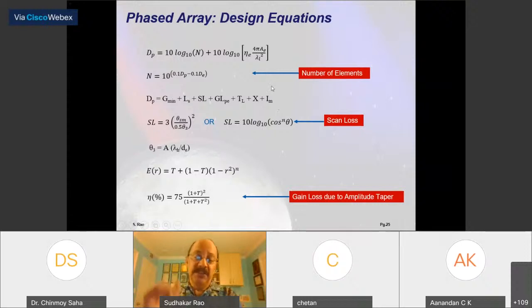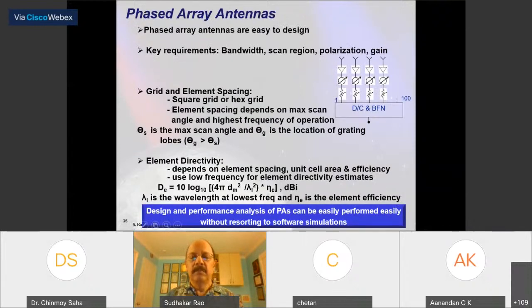For these complex systems you don't design without any implementation margin. Typically, we use a minimum of half a dB implementation margin, sometimes even 1 dB, depending upon the complexity of the system. And then you can calculate efficiency very easily. So I won't go through that.